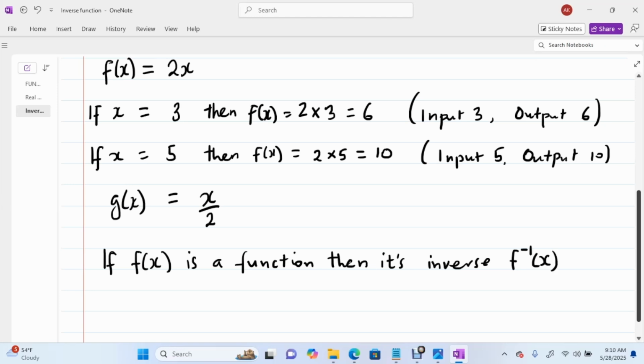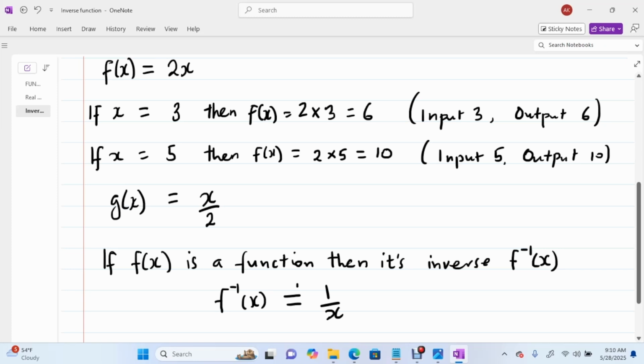And here, what you have to note is the inverse function has a -1 at the top of the f. It is not an exponent. Because it's not an exponent, you cannot say f inverse of x is equal to 1 over x.